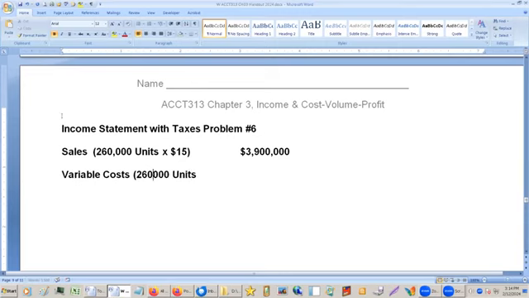That should be a comma. And the variable costs are $15 each. No, they're $10 each. What am I saying? So this will be minus 2,600,000.